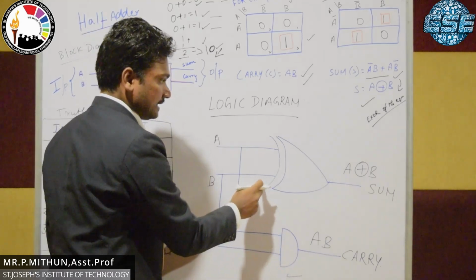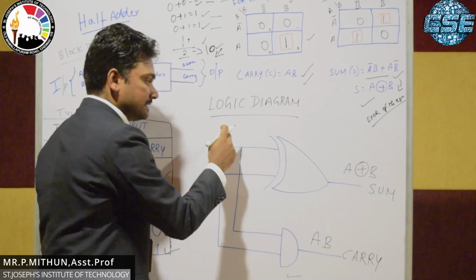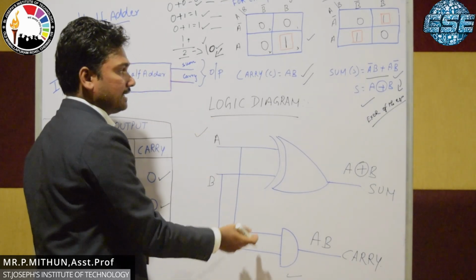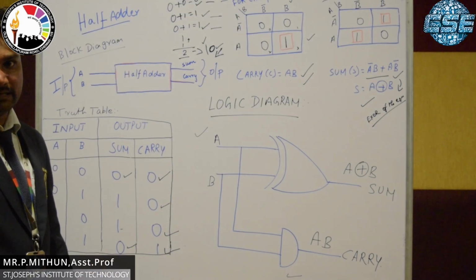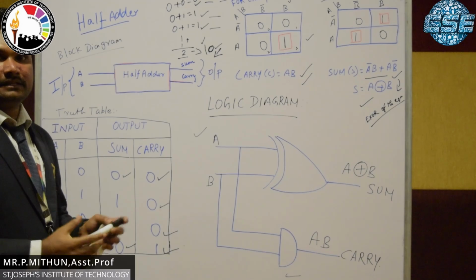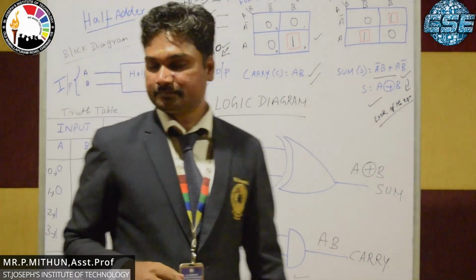So from the logic diagram, we can add both sum and carry in one single logic diagram. From the logic diagram, we can showcase the flow of the half adder circuit. So once again, I will tell the overall flow of the half adder.